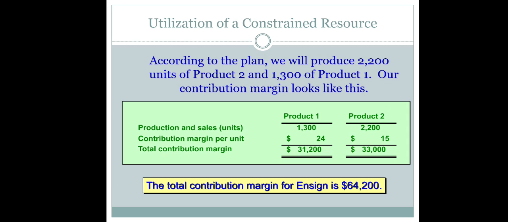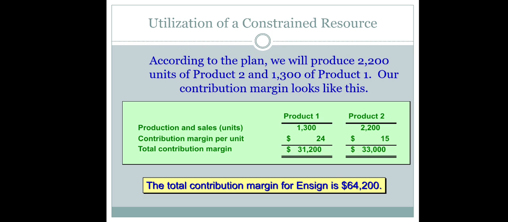For product 2, 2200 units times $15, the contribution margin is $33,000. So the total contribution margin for Ensign is $64,200. This is the highest contribution margin that the business can get from using the constrained resource.